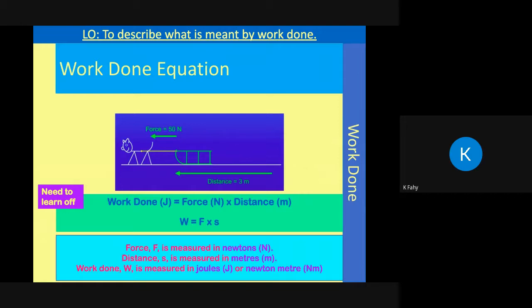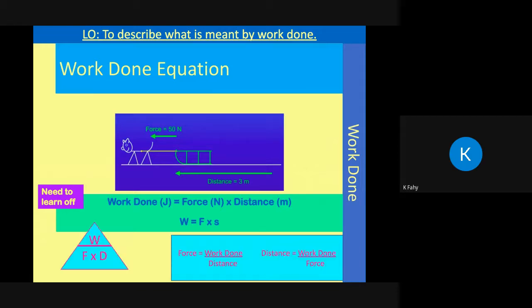So make sure you've got that down before you move on. Okay, so work done is basically just equal to the energy transferred. So we can easily say in our equations that how much energy is transferred tells me how much work is done. And that's why I can measure work done in joules.